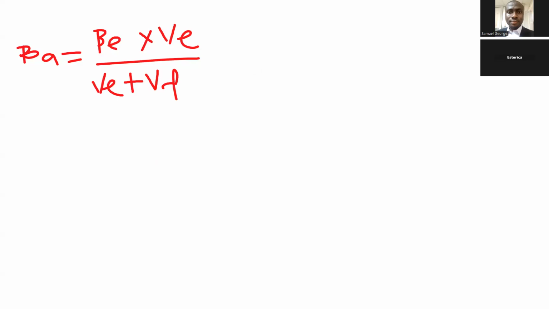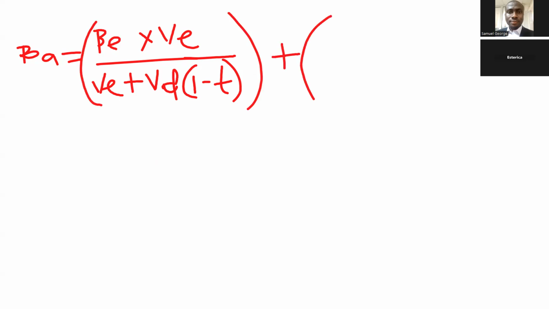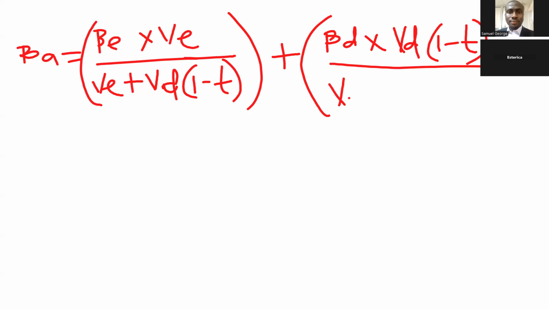Beta asset is equal to beta equity times value of equity divided by value of equity plus value of debt (1 minus tax), plus beta debt times value of debt (1 minus T) divided by value of equity plus value of debt (1 minus T).